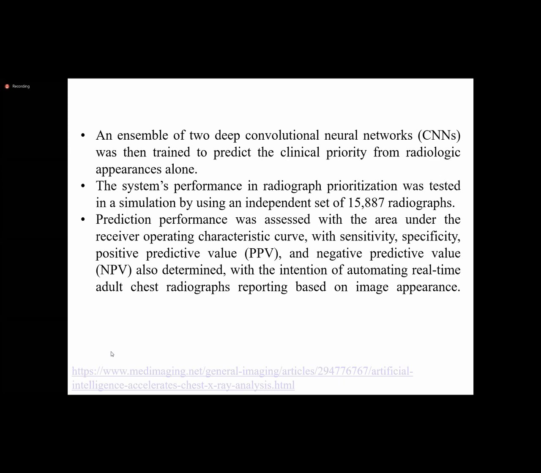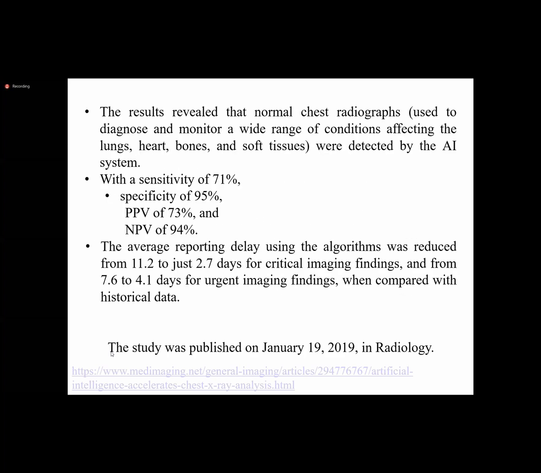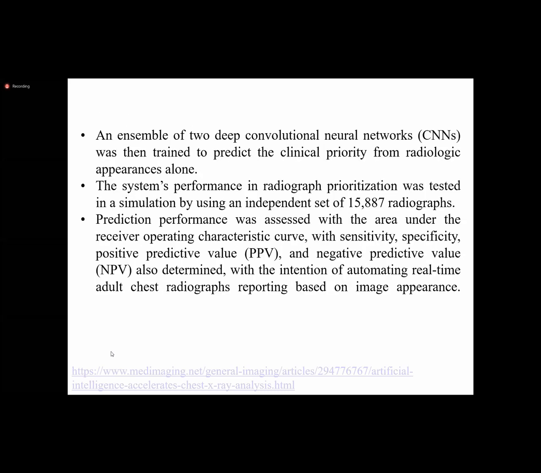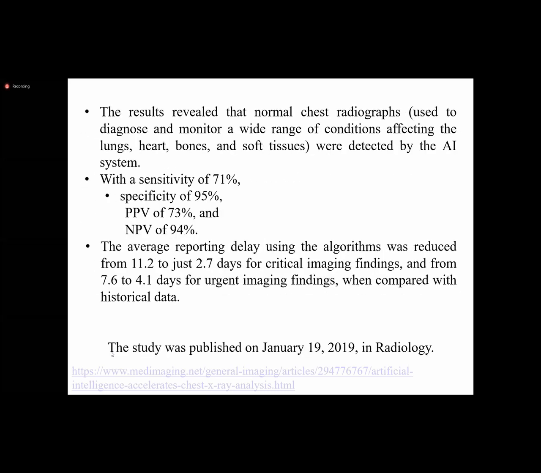On completely statistical grounds, the sensitivity was found to be more than 70%, specificity more than 95%, positive predictive value 73%, and negative predictive value 94%. This study was published in January 2019 in Radiology.